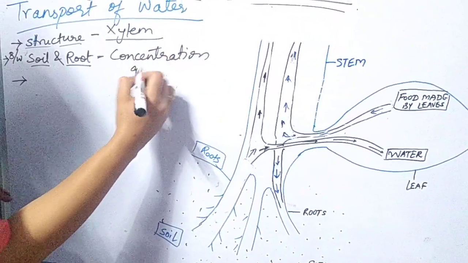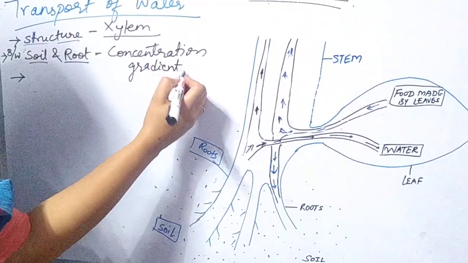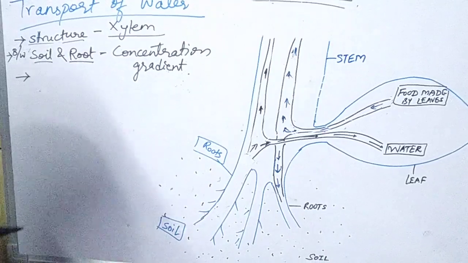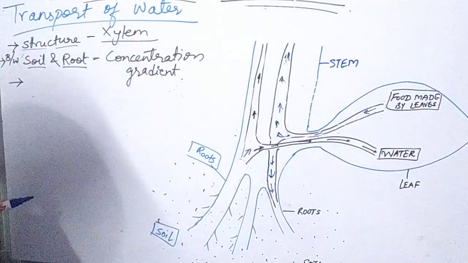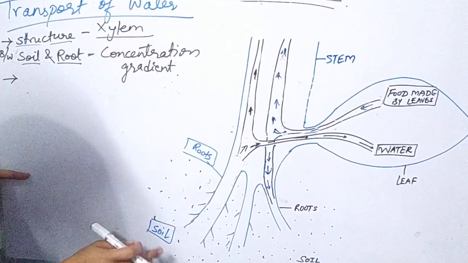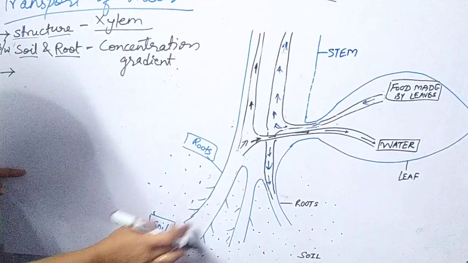This concentration gradient is developed due to the exchange of ions, or the transportation of ions or minerals present in the soil, right?